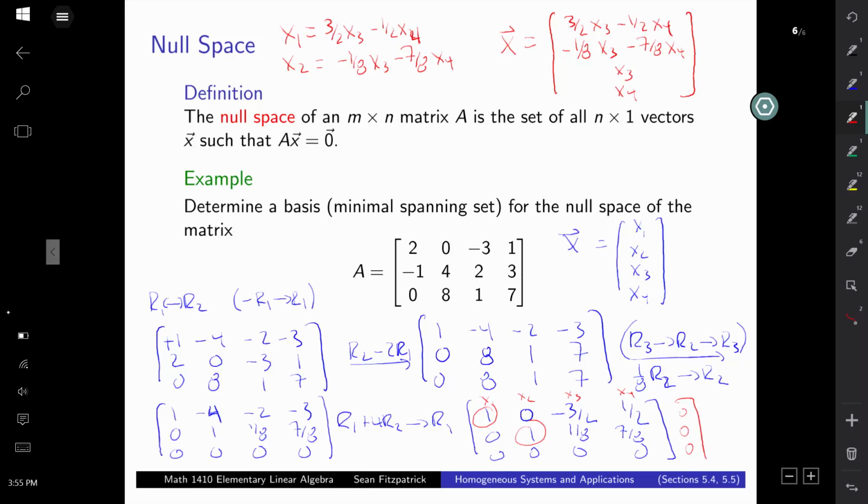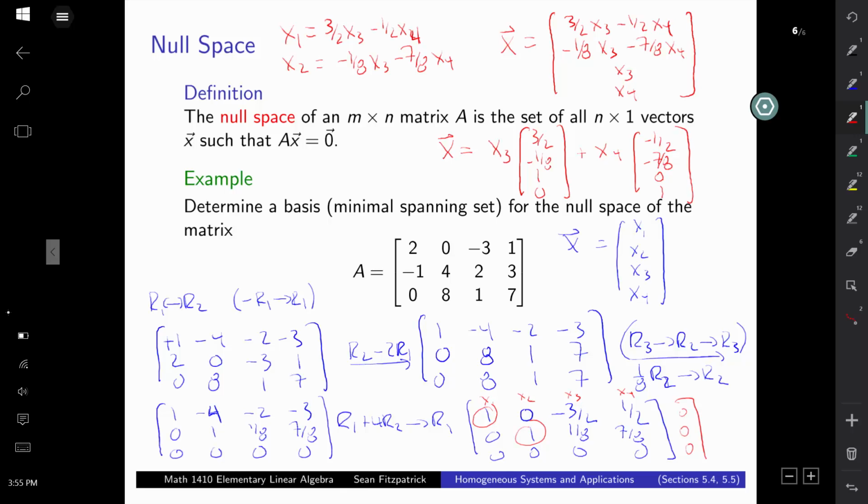If I split that up, x is going to look like x3 times 3 over 2, minus 1 over 8, 1, 0, plus x4 times minus 1 half, minus 7 over 8, 0, and 1.